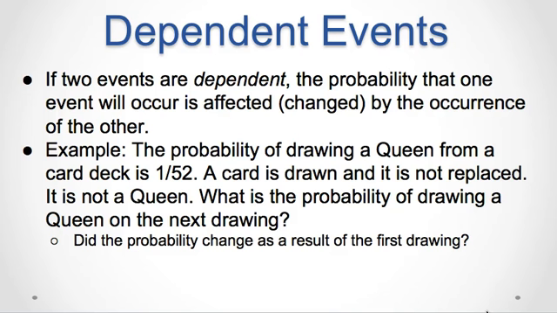This is what we call in statistics sampling without replacement. Each pick does not get replaced, so the probabilities change from one event to the next. And the way these probabilities change depends on each pick.